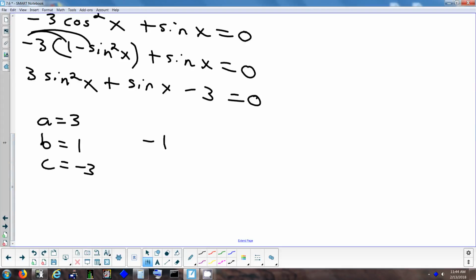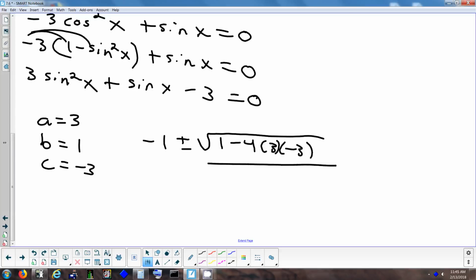So negative B, plus or minus, what comes next? B squared minus 4AC. So 4, 3, times negative 3, all over 2A.